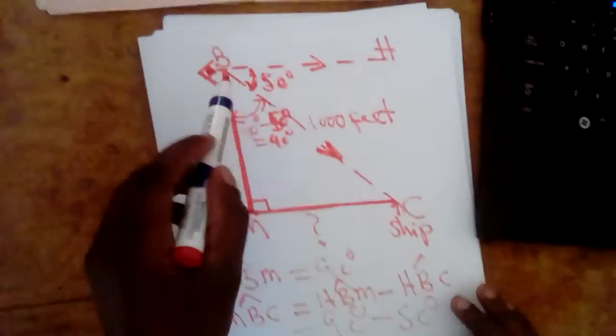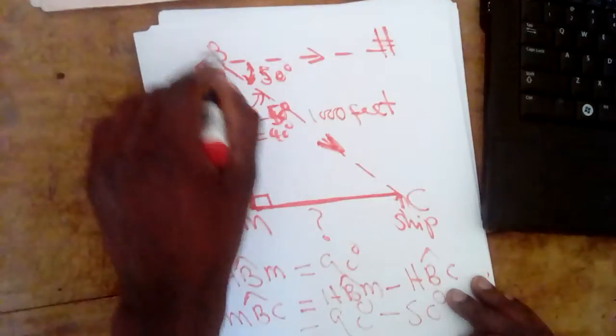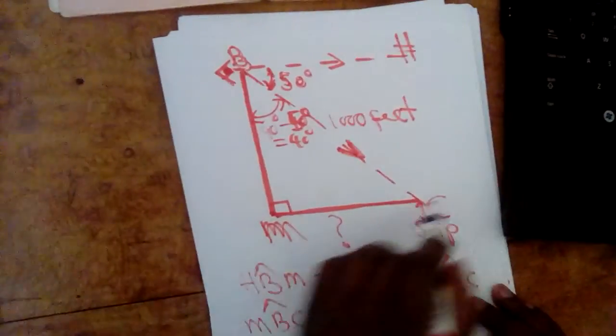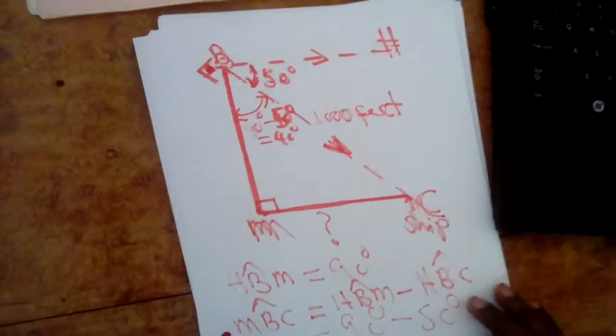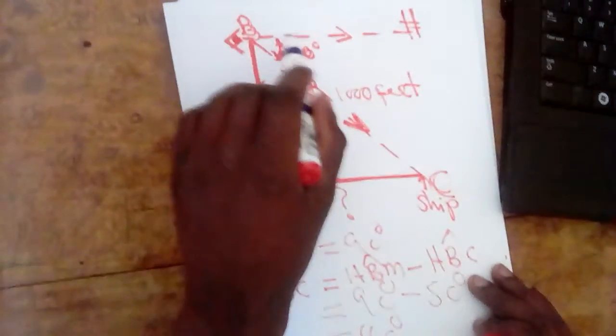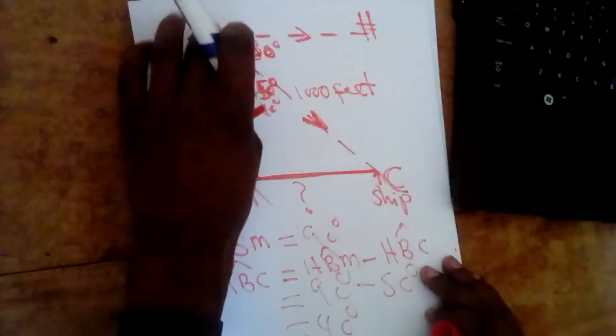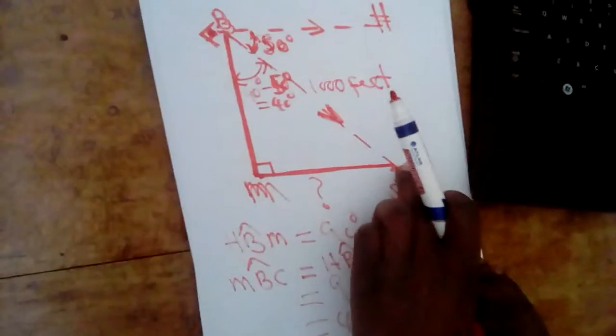After you have constructed this diagram, you need to label it. You may label this point H, and this B, and this M, and this C. The position of the angle of depression, which is 50 degrees, will be here. It is the angle between the horizontal line of sight and the line of sight from the pilot's eye to the ship.